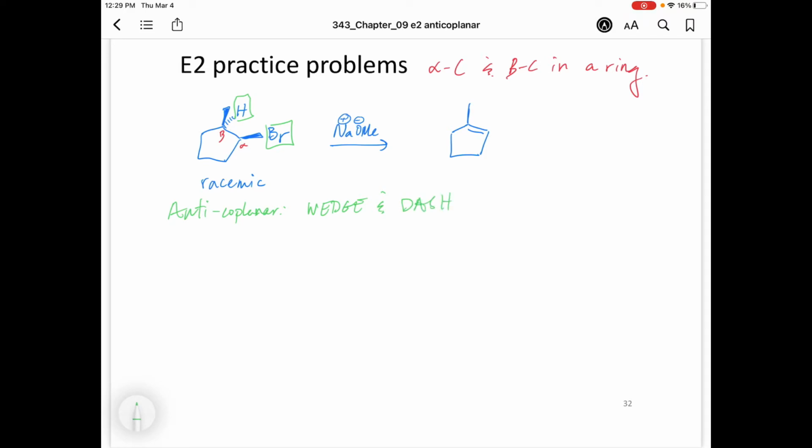That might help you, and vice versa. So this is for the leaving group and the beta hydrogen. They need to be opposite.